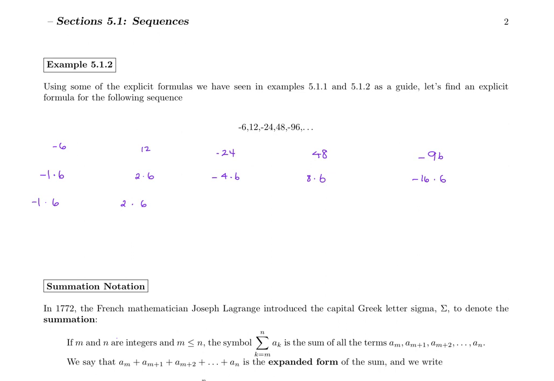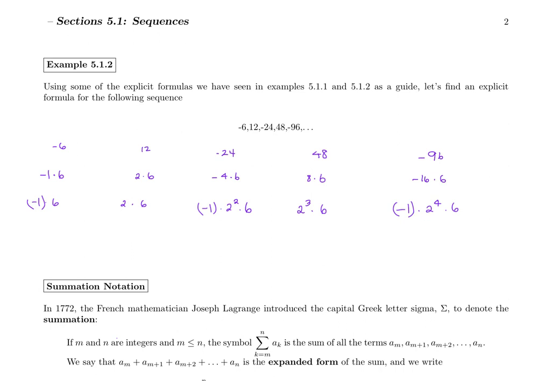-4 times 6 is actually a -1 times a power of 2, which is 2 squared, times 6. 8 is 2 cubed times 6. And -16, we have a -1 times 2 to the 4th times 6. So we can already start to see this pattern of 2, 2 to the 2nd, 2 to the 3rd, 2 to the 4th.